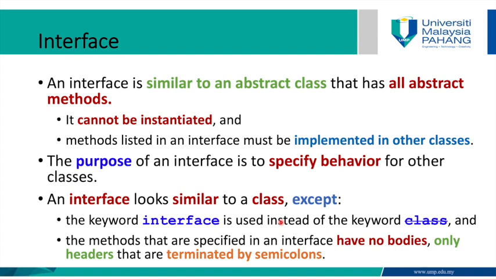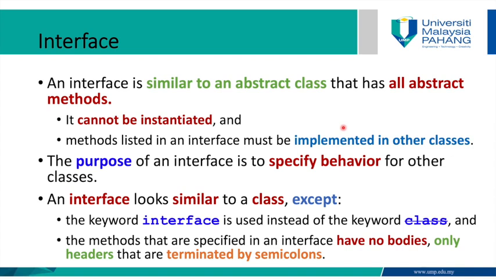It cannot be instantiated and it must be implemented in another class. It's different from the abstract class earlier. In an abstract class, you can declare the abstract methods and also do the implementation. You can do both.